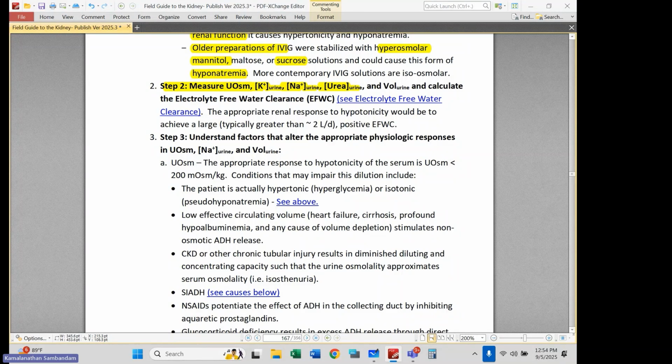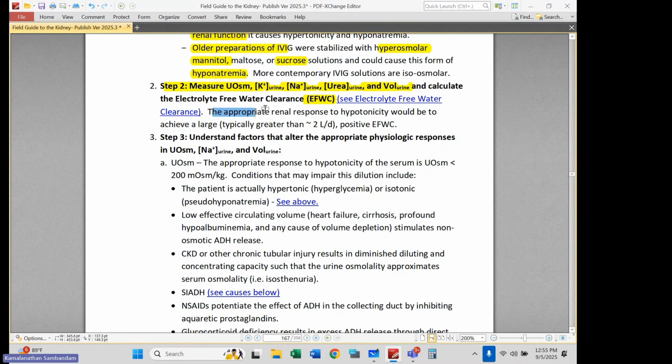That's not completely true. We even use an osmolar gap to intuit how much ammonium is in the urine. So it's not perfect, but it should be relatively close as long as someone doesn't have glycosuria. Okay. Urine volume as well is important so that you can calculate electrolyte-free water clearance. We've already gone over that.